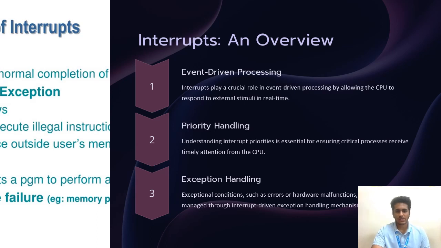So it becomes ambiguous to choose any one device. That's how priority works. Each device will be assigned a specific priority so that the CPU automatically chooses the device which has the highest priority. And there comes exception handling. What do we mean by exception handling? Exceptional conditions are nothing but the errors and unusual hardware malfunctions, which are managed through interrupt exception handling mechanisms.